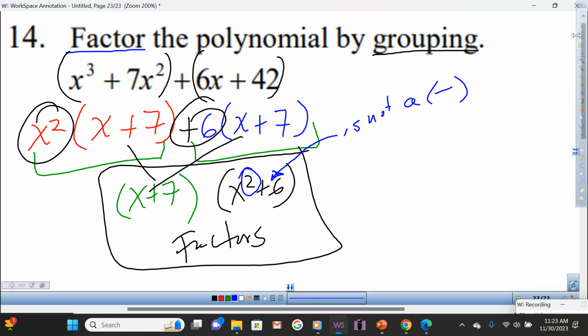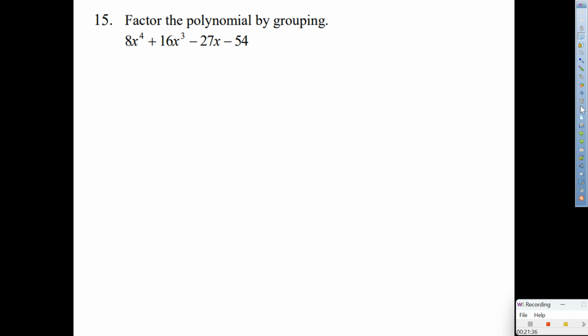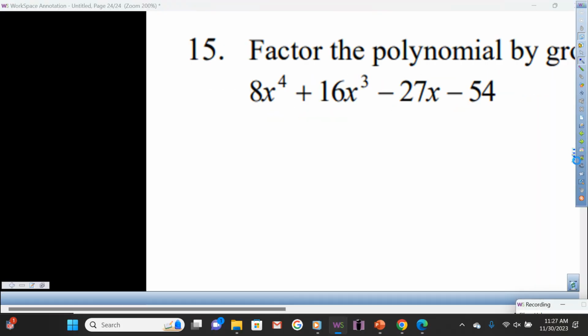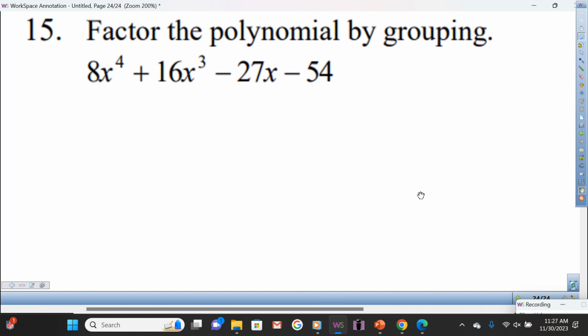All right, let's go to number 15. Factor the polynomial by grouping. All right. Copy that one. 15. 8x to the 4th plus 16x cubed minus 27x minus 54.